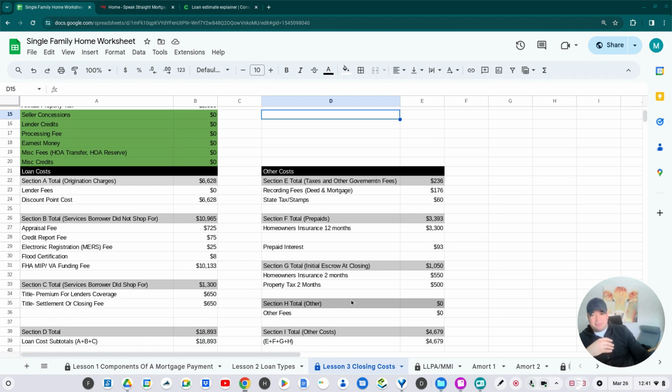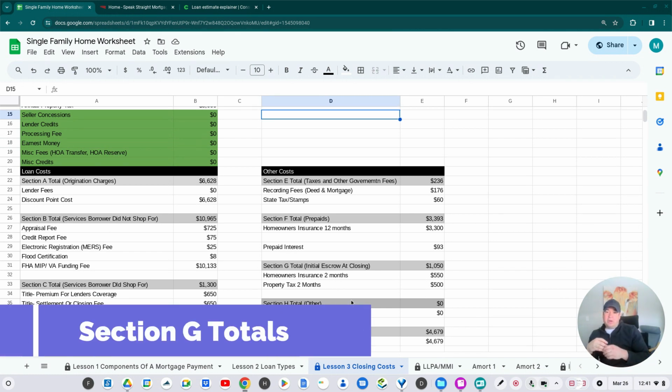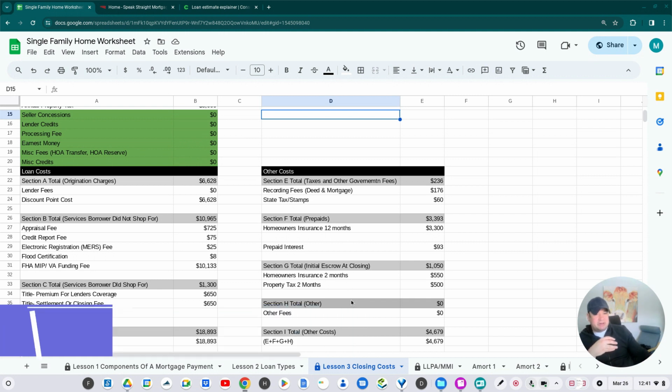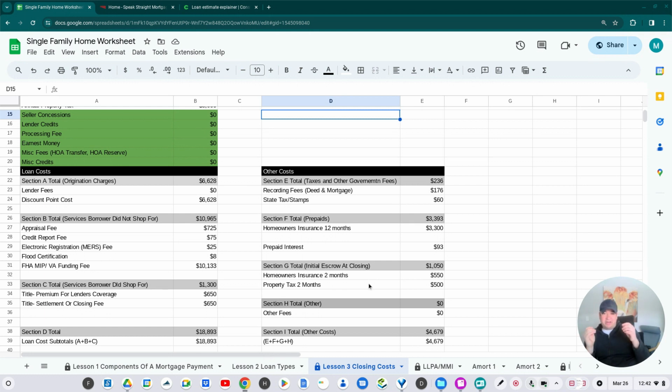Next section, initial escrow. When I was saying 14 months for homeowners insurance, that's because an initial 2 months is collected because you're always paying in advance, because escrow is basically an account that holds money to pay homeowners insurance and property tax out of your mortgage payment. It's always collecting money to pay it the next year.